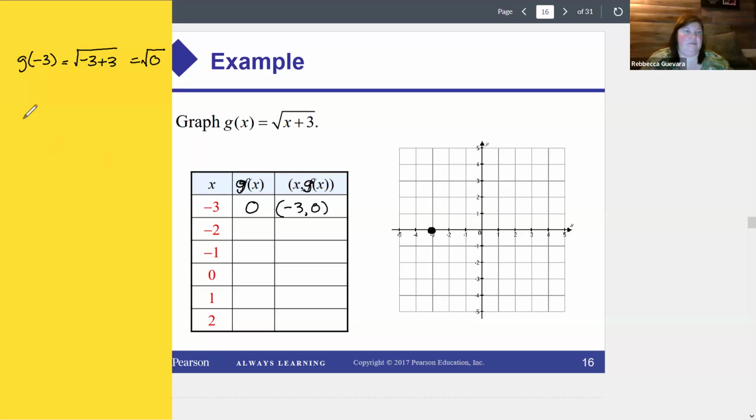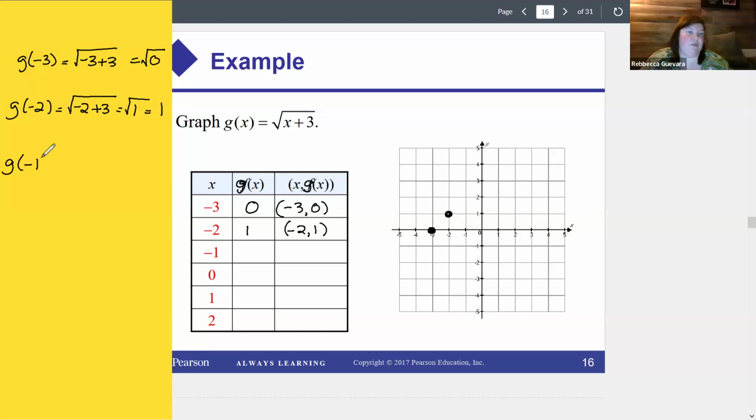So right there. g of negative 2 is just going to be the square root of negative 2 plus 3, which is the square root of 1. Well, the square root of 1 is just 1. Remember, we're just doing the positive root. So at negative 2, we're up here at 1.